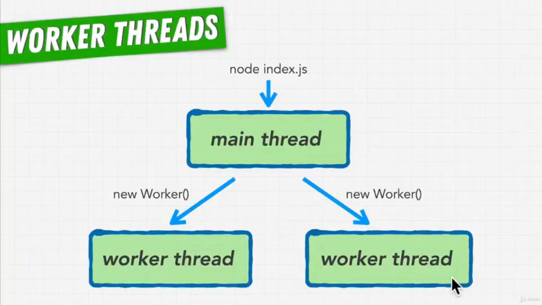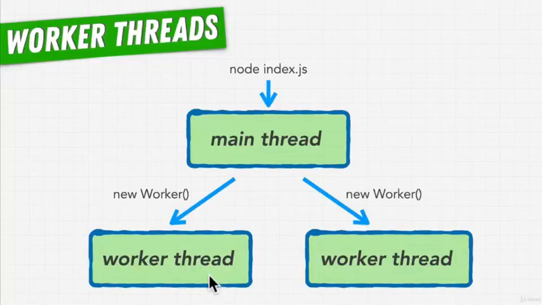The worker threads module doesn't include any built-in functionality to run a server on one port and distribute incoming requests between each thread. No, that's specific to the cluster module. So we could run a server using worker threads, but we'd have to implement that distribution of work ourselves.